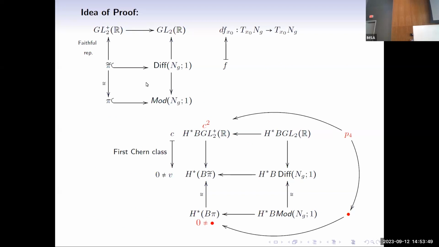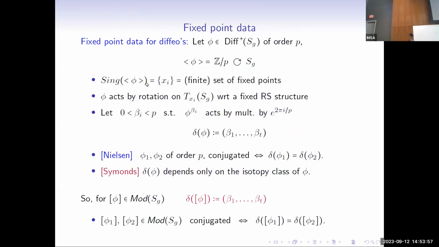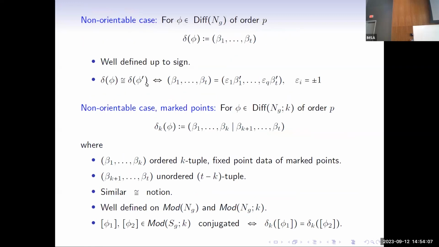And we also can show the other way around. The way we do that is we look at the so-called fixed point data. So there's some combinatorial information attached to all these diffeomorphisms fixing points in these non-orientable surfaces.